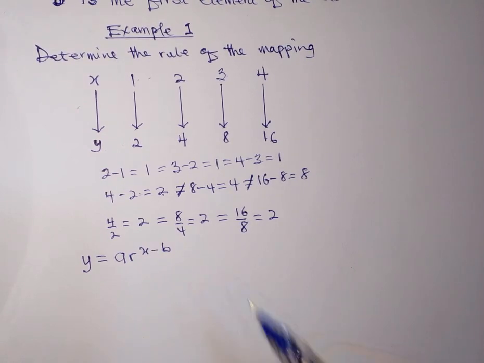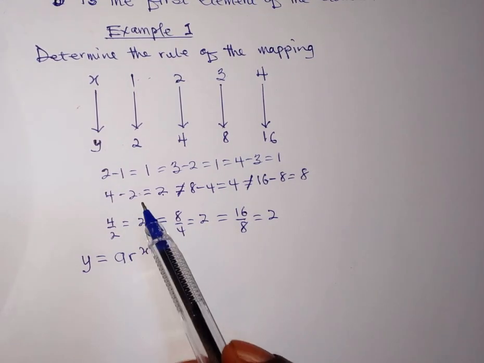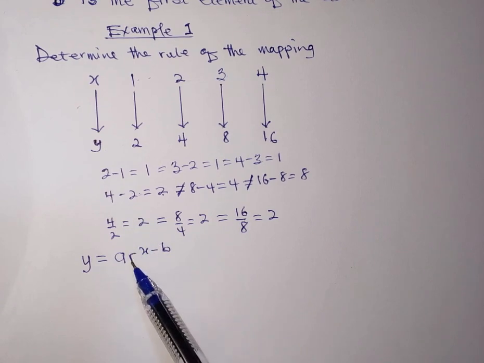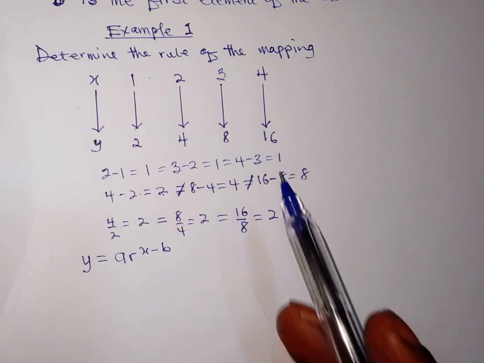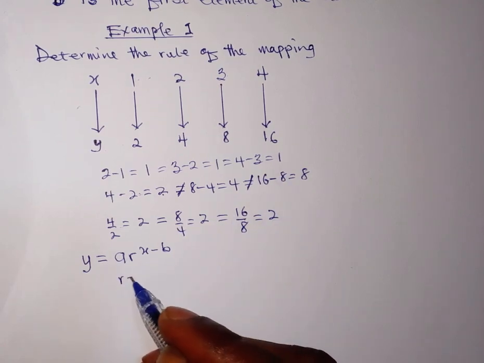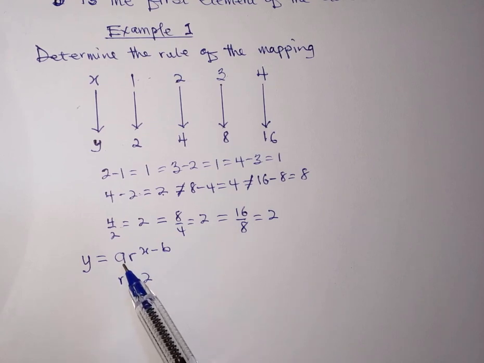All right, good. Now, how do we get my r? Remember, in the definition we said that the r is the common ratio, and we have calculated the common ratio as 2. So it means my r is equal to 2. What about my a? We also said in the definition that the a represents the first element on the codomain.